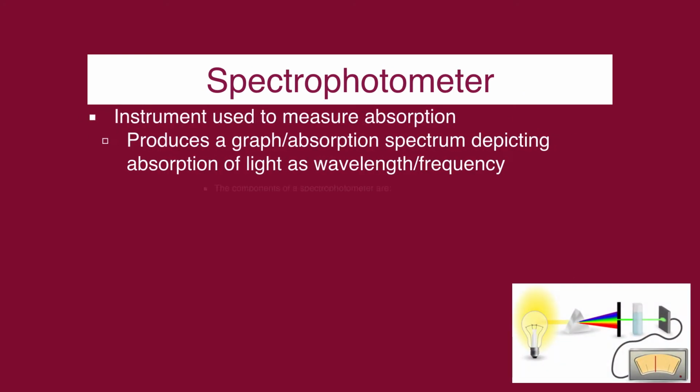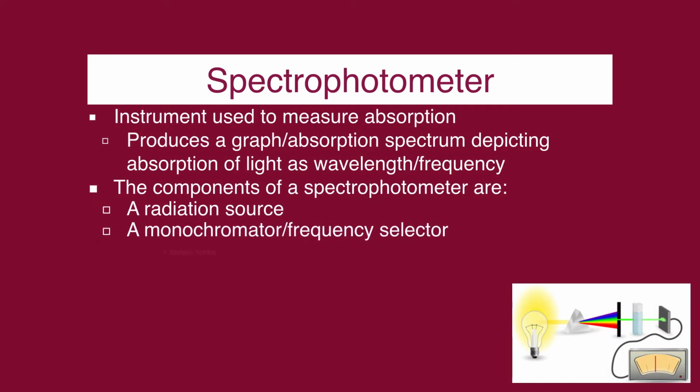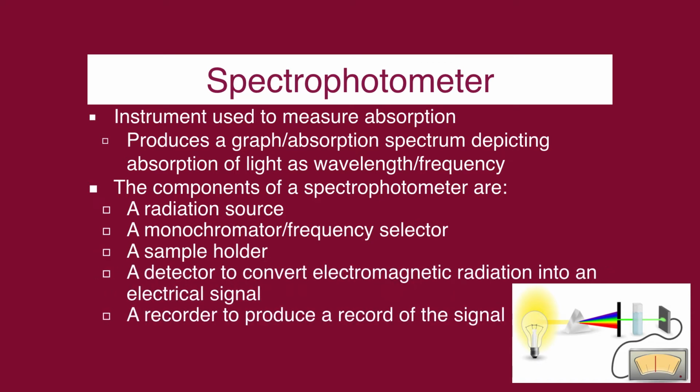A spectrophotometer is an instrument used to measure absorption, basically. So it produces a graph or what's called an absorption spectrum, which depicts the absorption of light as wavelengths or frequency.